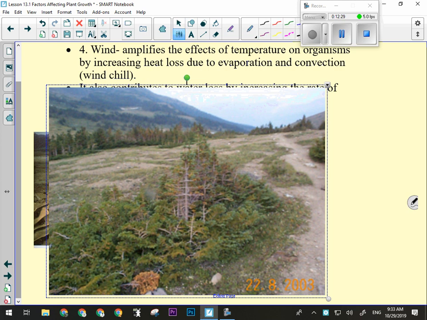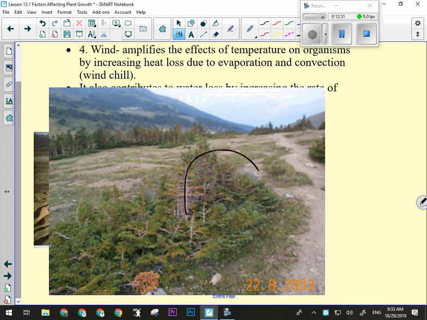They're actually growing over in this way. You can see that on this side of the tree there aren't any branches, but on this side there are a whole bunch. It basically grows branches only on the leeward side of the tree, where the wind doesn't hit it.